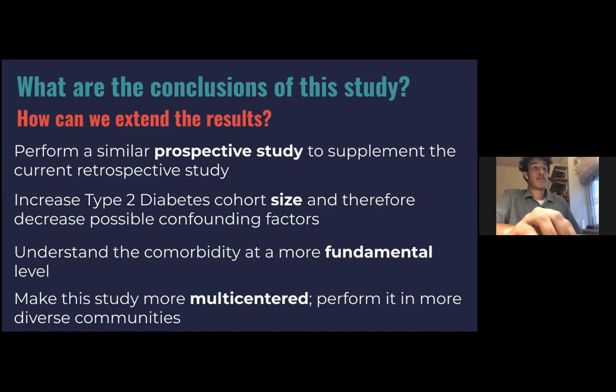So performing a really similar study to this one would really help in getting better health outcomes for particular communities that are affected disproportionately by both diseases, because these communities could potentially have really unique factors that affect them, which don't affect other communities. So again, just making it more multi-centered would really help to impact the positive health outcomes that could possibly come out of this kind of study.